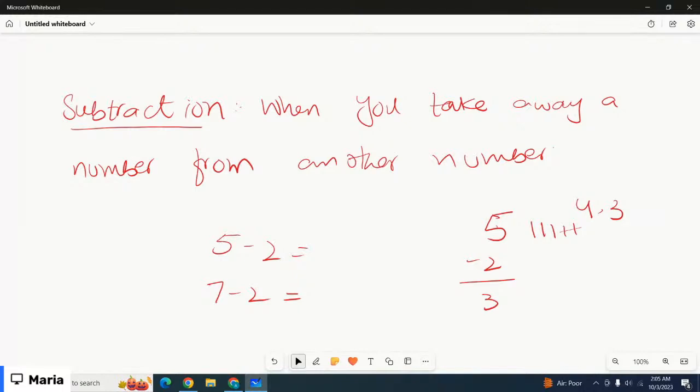You can make 7 lines and remove 2 of them, or you can go back 2: 7, 6, 5. That means when you do 7 take away 2, you are left with 5. So 7 take away 2 is 5, right?